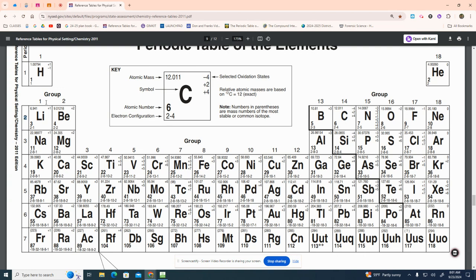So the periodic table is a repetitive table. It is periodic, right? January, February, March, April, May, June, and then we start all over again, January, February, March, April, May, June.